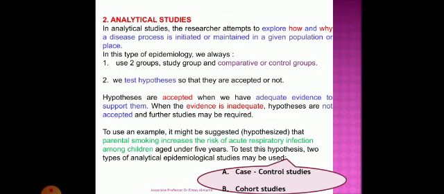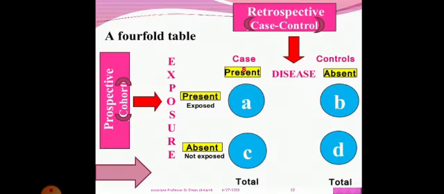So we are going to take either a case control study or a cohort study. So we are going to take two groups and we are going to discuss the difference between these two studies. We have already discussed the terms retrospective and prospective.